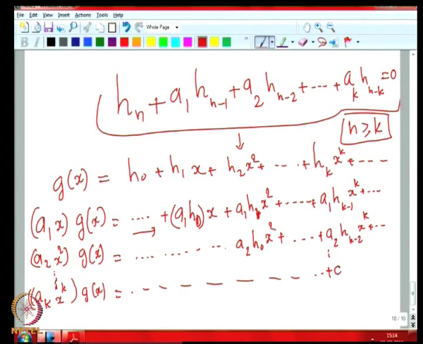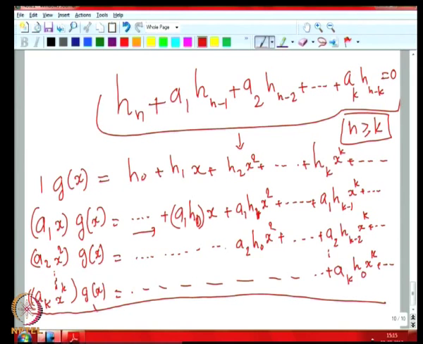So, that is ak times h0 x raised to k. Now, when you sum up these things, you will get g of x into 1 plus a1 x plus a2 x square plus a3 x cube plus finally ak x raised to k.